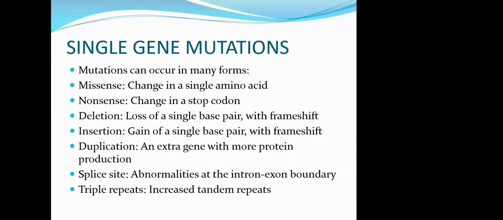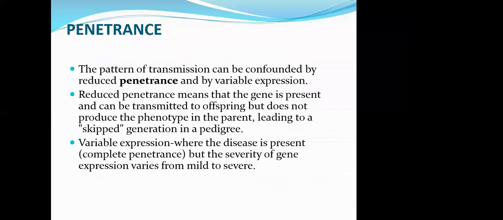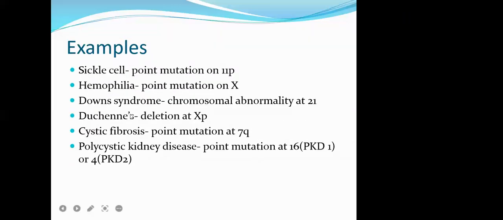So if you are going to read and find that this is a deletion, for example, let me go back, like Duchenne's, it's a deletion on the X chromosome, short arm. I've left out the locus because it is going to confuse you more. So in Duchenne's muscular dystrophy, the main protein there is dystrophin.